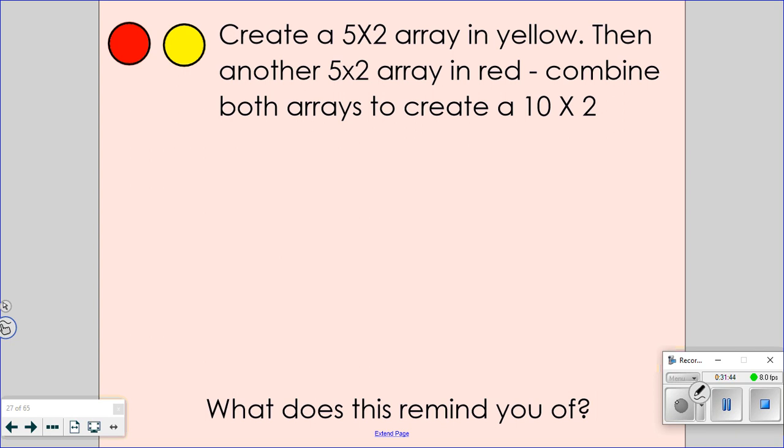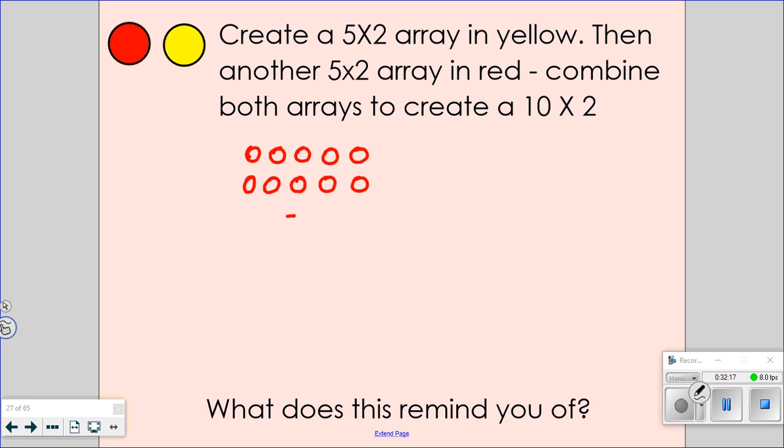In our notebook, we're going to write a 5 by 2 array, and a full array, not a fast array, because 5 by 2 is not a lot of dots. Yep, we're drawing a 5 by 2 array. That's what I just drew. That's what you're drawing in your notebook.